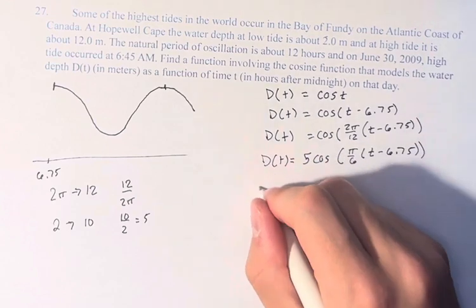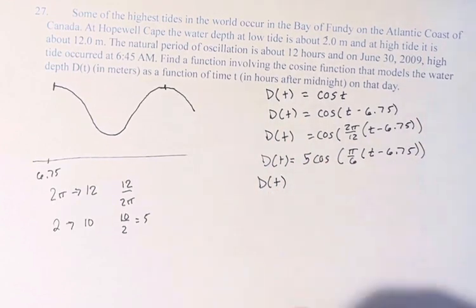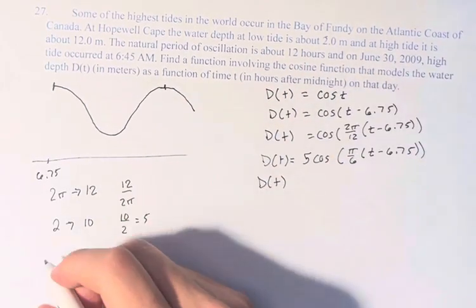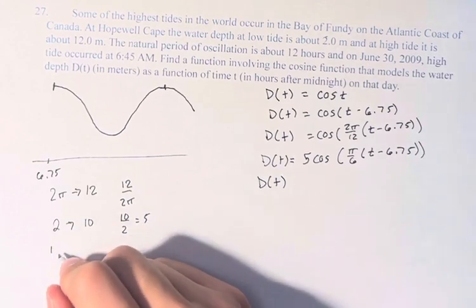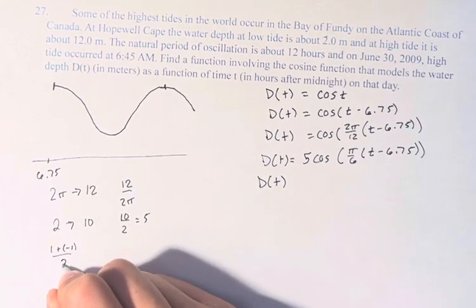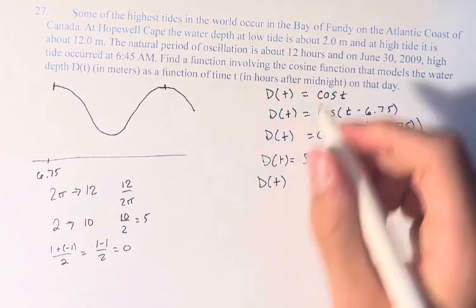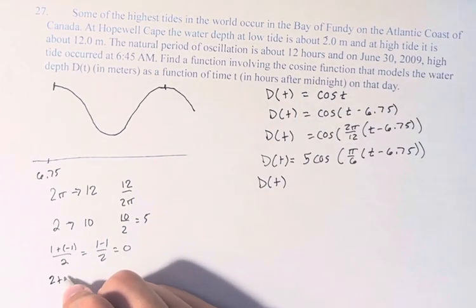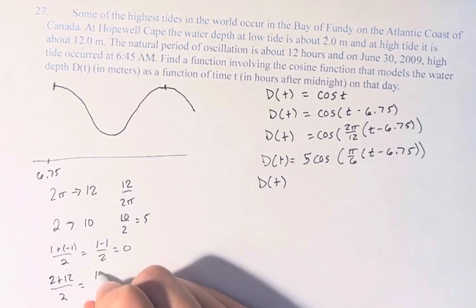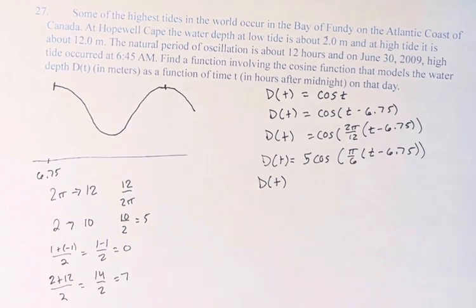And finally is the vertical shift. The average value of the cosine function is 0. If you take the maximum and the minimum and divide by 2, you get 1 minus 1 over 2, which is 0. If you do that here, 2 plus 12 over 2, you get 14 over 2, or 7.